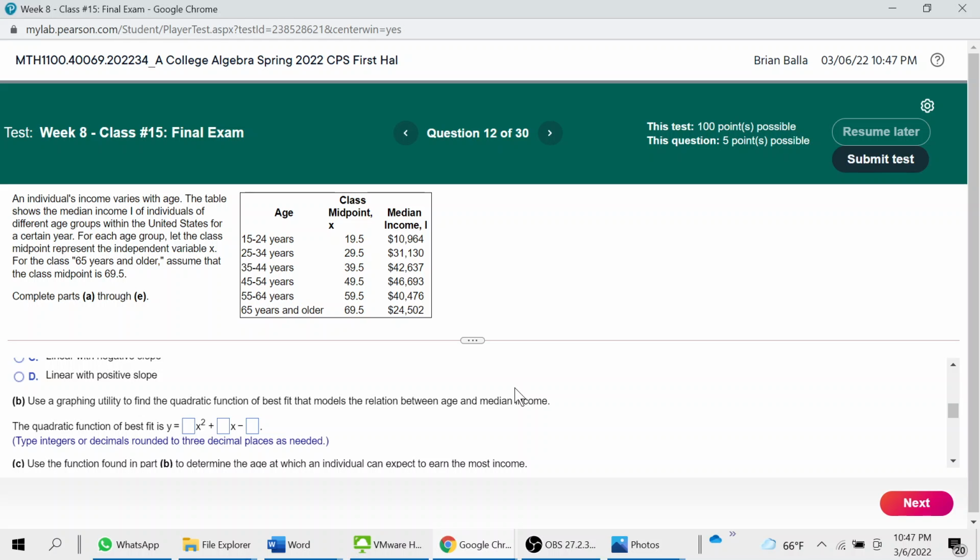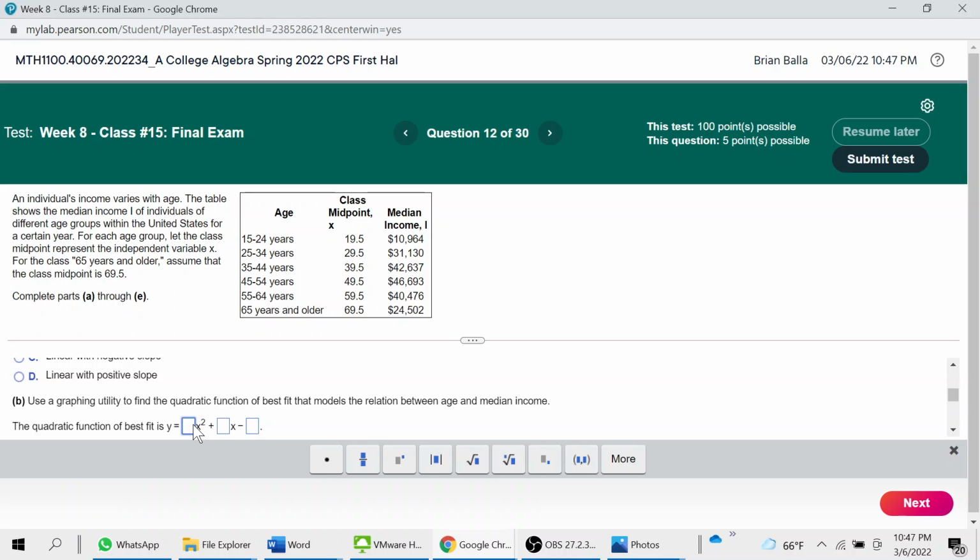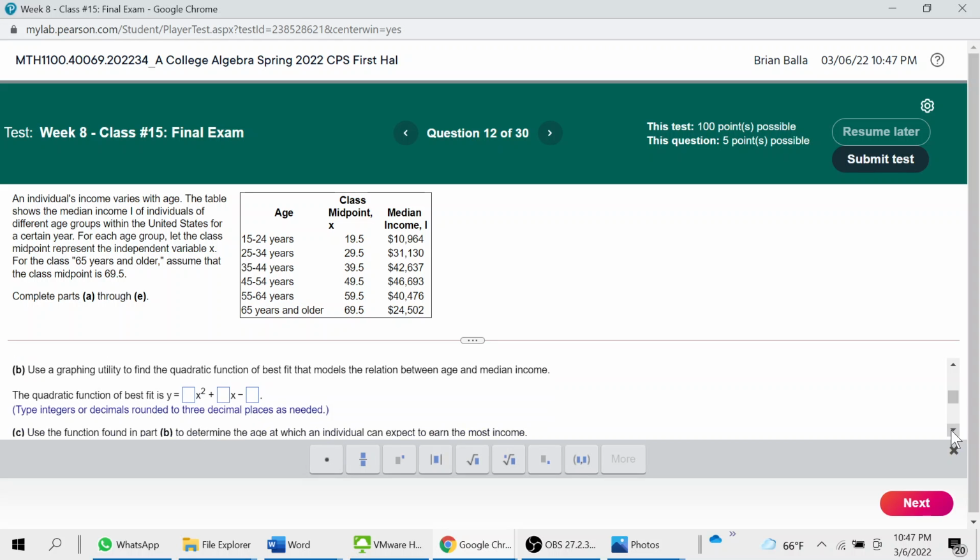Now quadratic regression, L1, L2. How many decimal places? 3 decimal places. Negative 44.928.